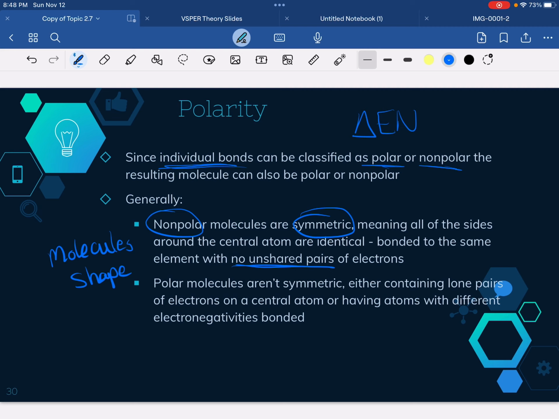If all of the atoms are not symmetric, meaning they are different and have a different electronegativity around the central atom, or they have lone pairs, then you tend to have a polar molecule.